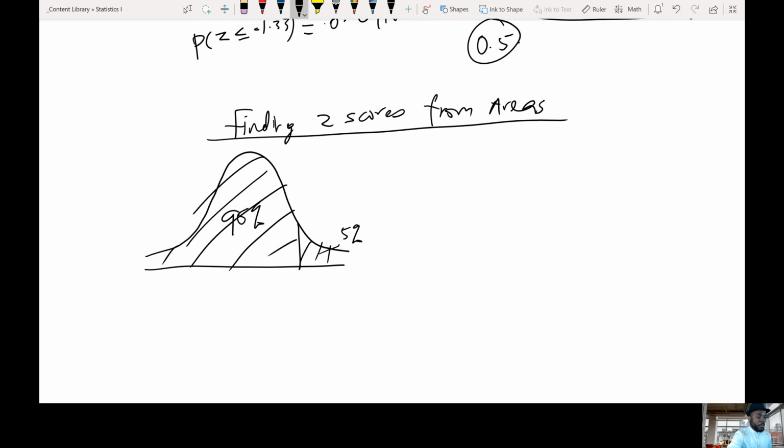So if this is our standard normal distribution and this is 0, this is our z distribution, and we want to find the probability in which z, let's say this is z1, that is what we're trying to find.